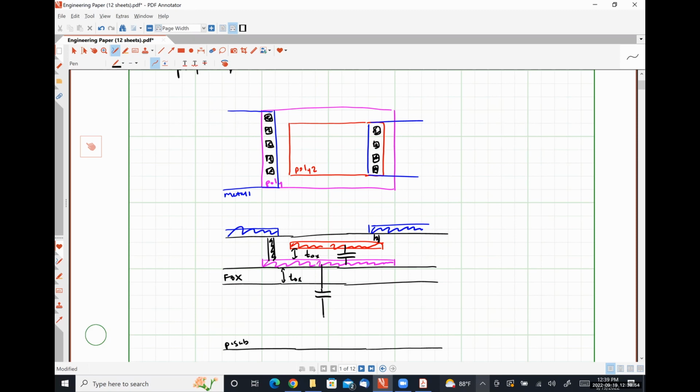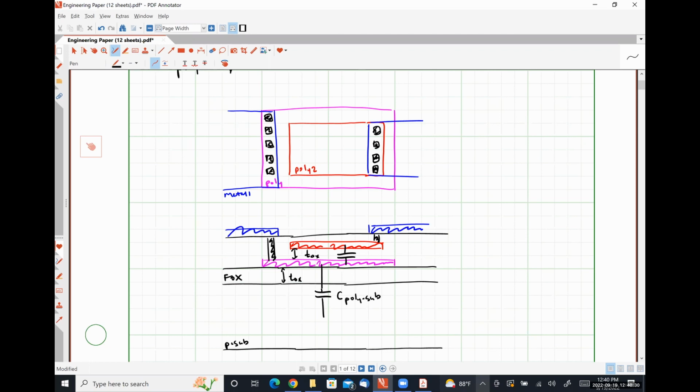So this parasitic, let's call it C poly sub, is the dominant parasitic formed between the poly layer when we're making a poly 2 capacitor. Now, depending on the size of our bottom plate, this parasitic capacitance can be close to, or at least on the scale of, the value of our designed capacitance.